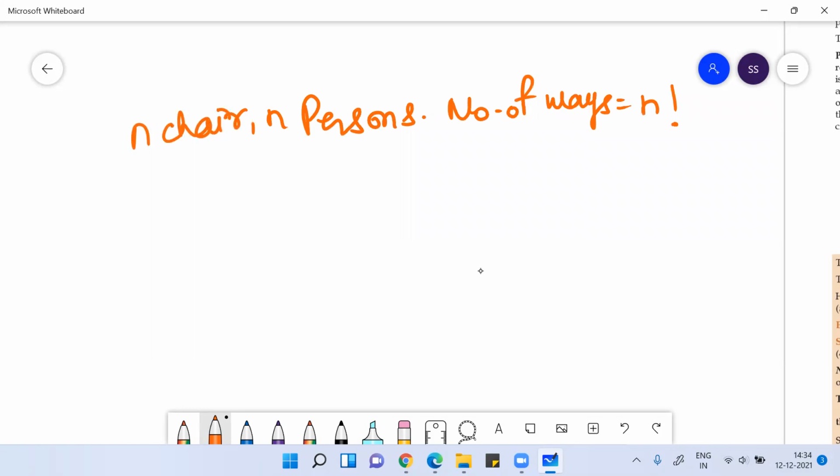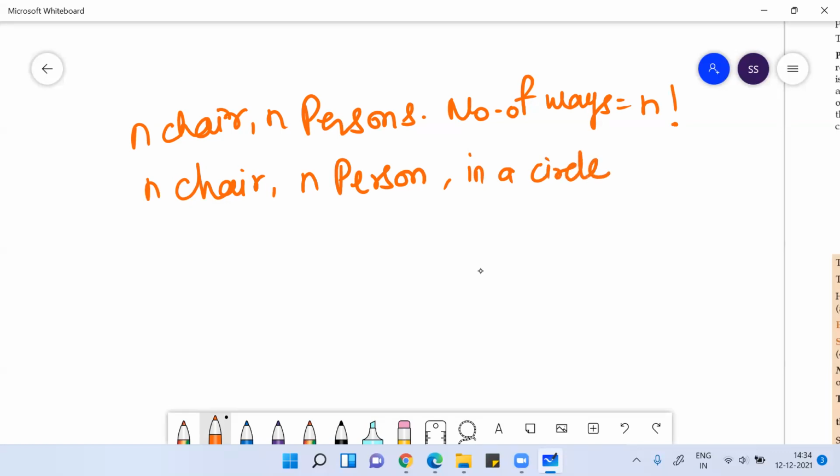Like that, if I ask you n chairs and n persons in a circle, the number of ways would be n minus 1 factorial.